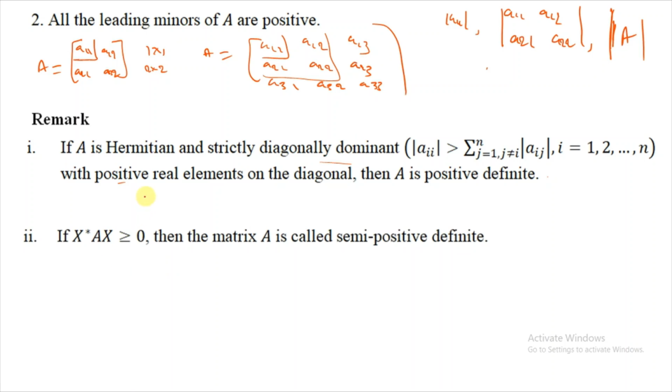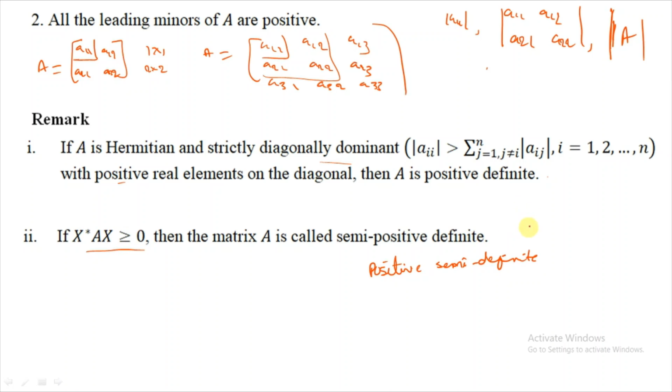Next, if x star Ax is greater than or equal to 0, then the matrix A is called positive semi-definite, or semi-positive definite. That means x star Ax can also equal 0, for a non-zero vector.